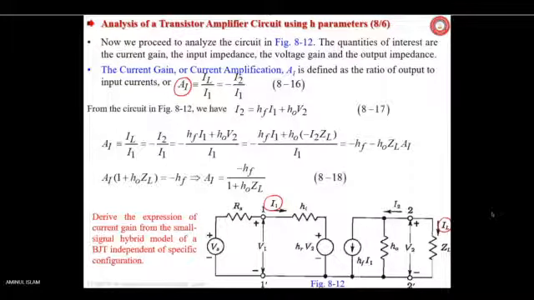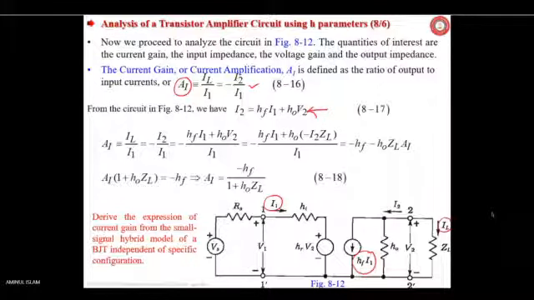IL equals minus I2. Is it written correctly, Pratham? Yes, sir. The same I2 can be written in this way. I2 is the sum of two currents, that is HOV2 plus HFI1. Another component of current is HFI1. See that HF, which you should try to remember, is a current transfer ratio.